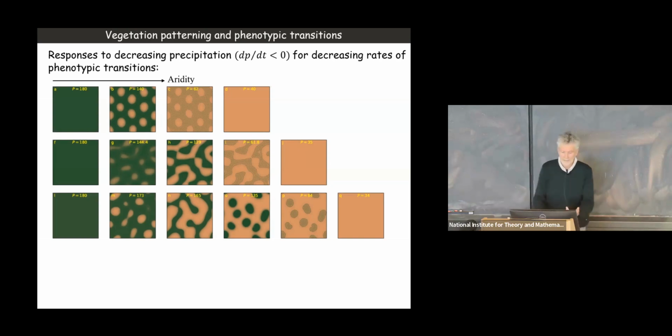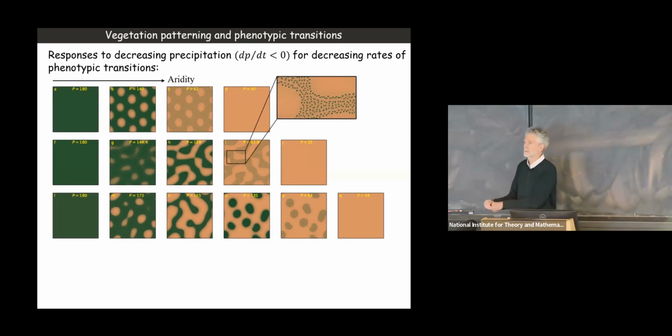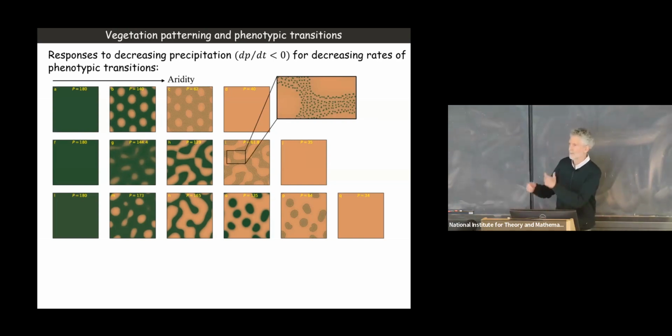So then we can get large-scale stripes before the dynamic switch onto the small scale of deep-rooted plants, once the phenotypic change took place.